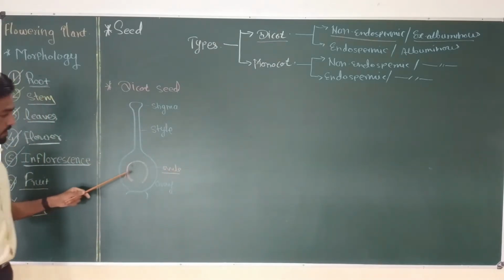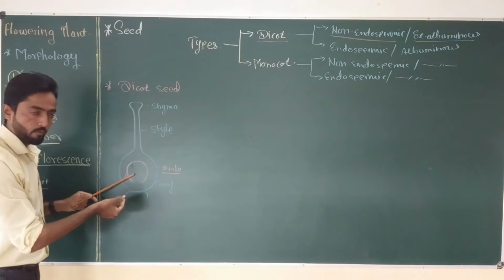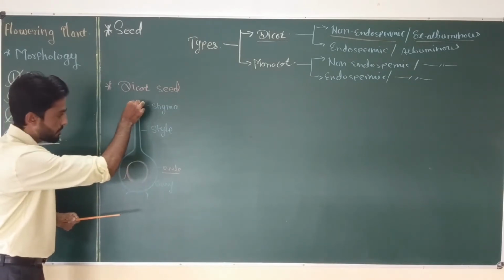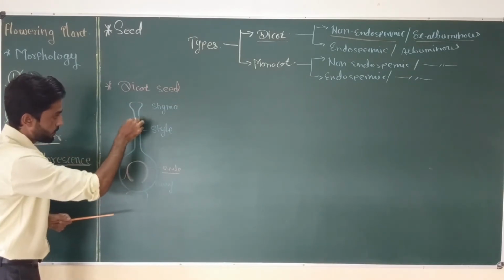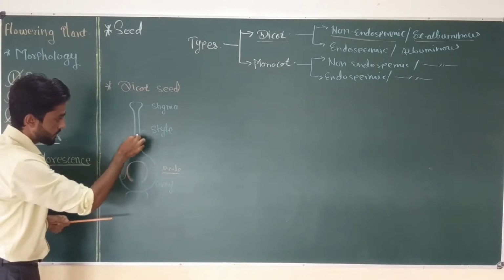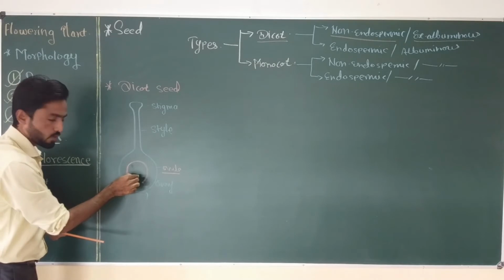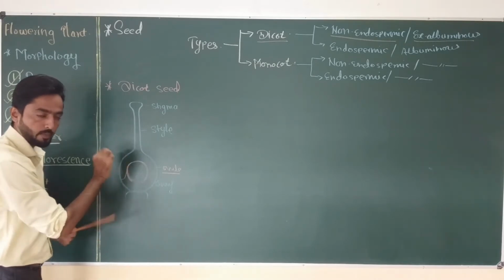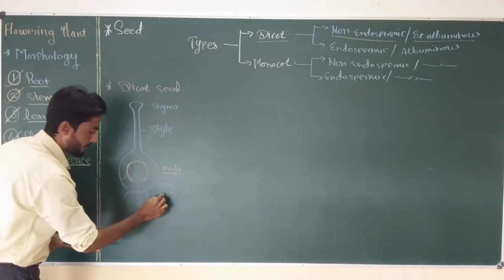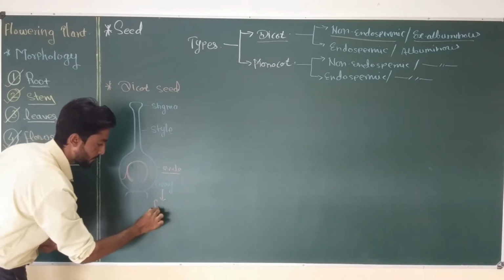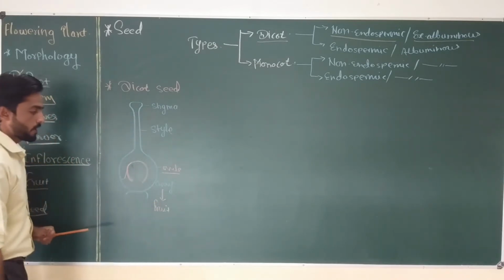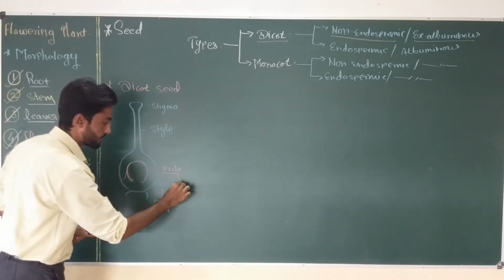Now after fertilization, when the pollen grain germinates on the stigma and a pollen tube transfers the male gamete through the style, and when they are delivered to the ovule, fertilization occurs inside the ovule. After fertilization the ovary gets converted into fruit while the ovule develops into seed.